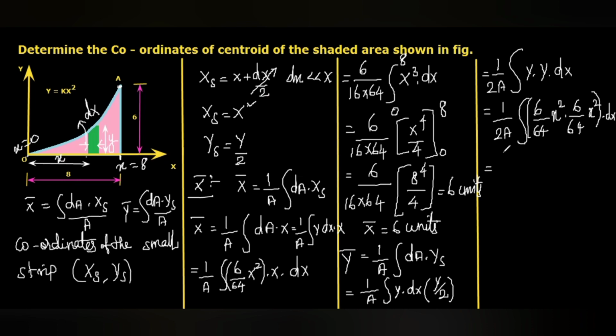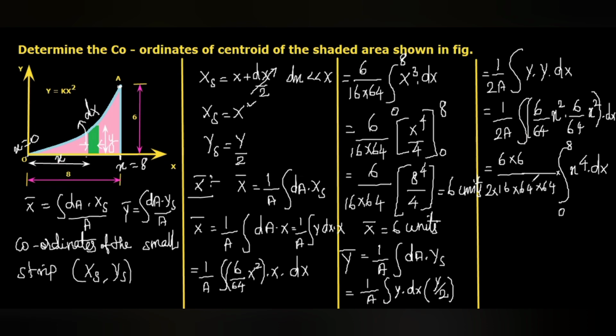So in the numerator, 6 into 6, divided by 2 times area, 16 square units, multiplied with 64, 64. And integral of x power 4 dx. And here also the variable will be x from 0 to 8, so the limit 0 to 8.